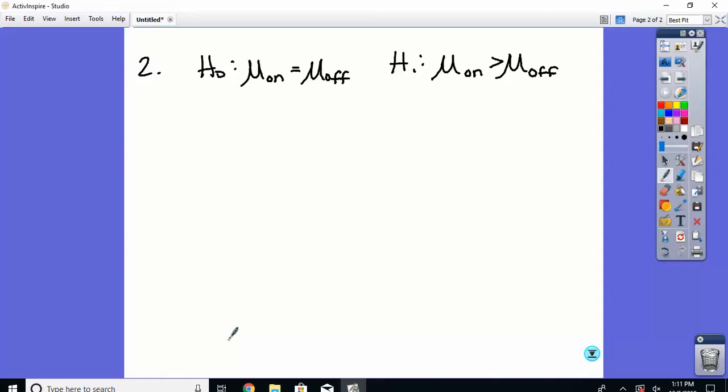So we go to edit, you're going to clear out everything that's in there and enter these data points. The L1 will be my on and L2 will be my off.